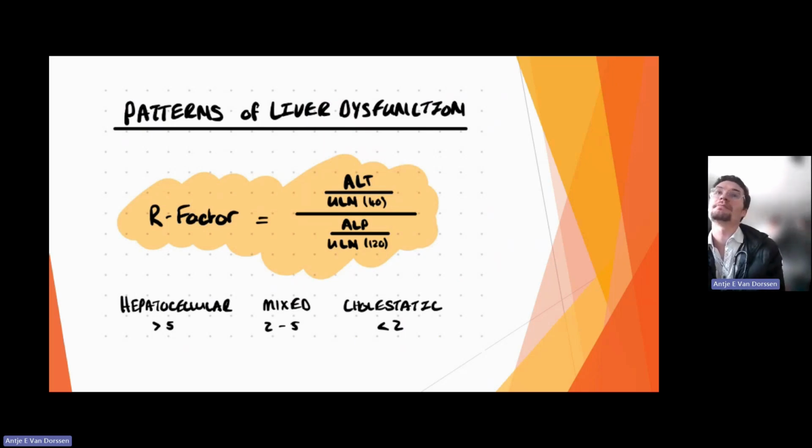If you get a value more than 5, meaning the ALT is predominantly raised, we call that a hepatocellular picture. If the R factor is less than 2, we call it a cholestatic liver injury. And if it's in between, it's mixed. This is important for determining possible etiologies of the liver failure.